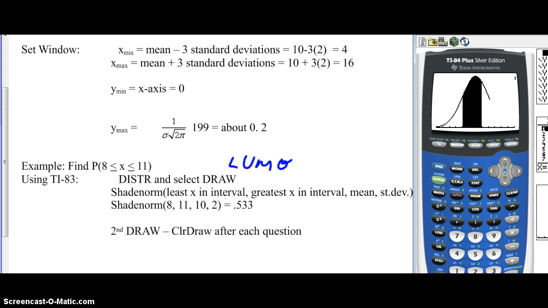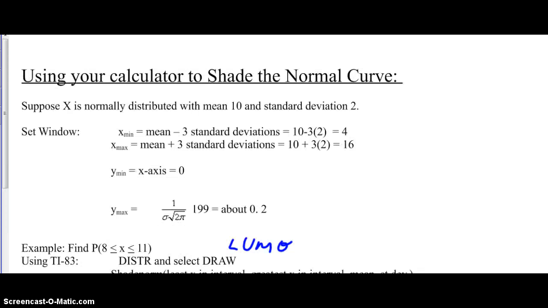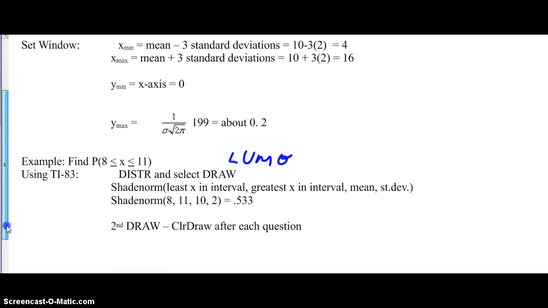And then this is pretty neat. So that is showing you the area under the curve, and it actually finds the value for you as well, 0.533. Between each one, you want to clear your data, so you do that by going to second program for draw, and then hit enter to clear it out each time you want to try. So this one found our area under the curve, remember, is our probability to be 0.533.